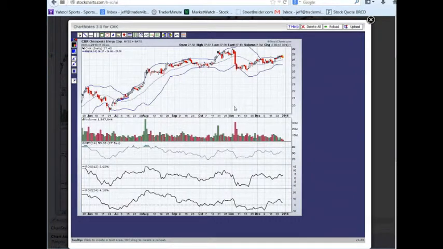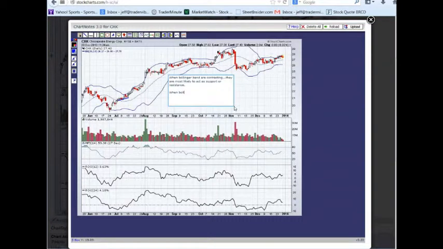In general, when Bollinger Bands are contracting, they are most likely to act as support or resistance.